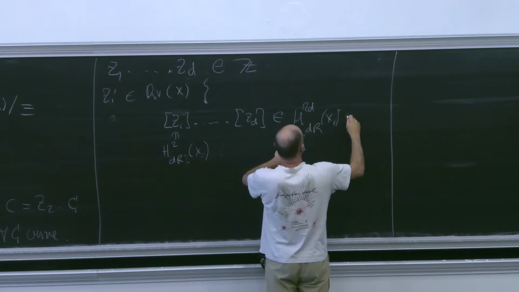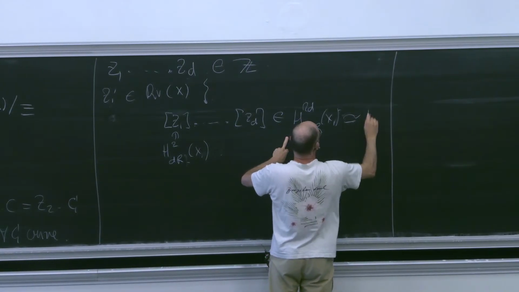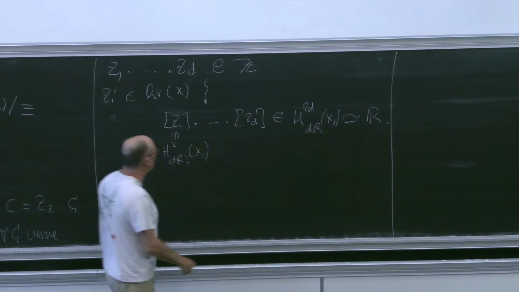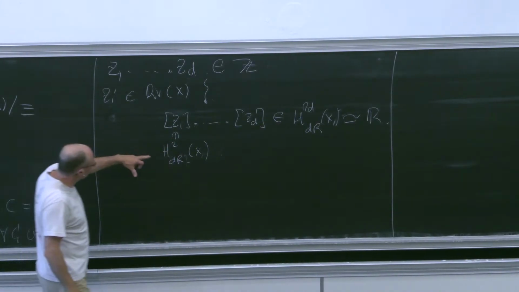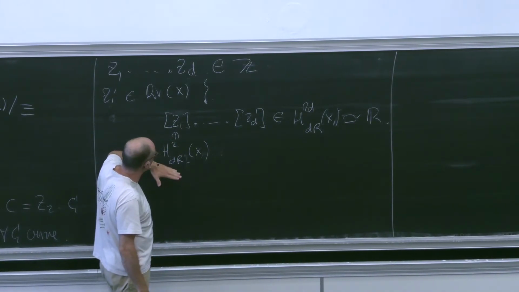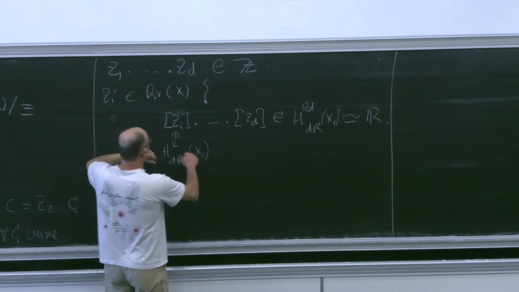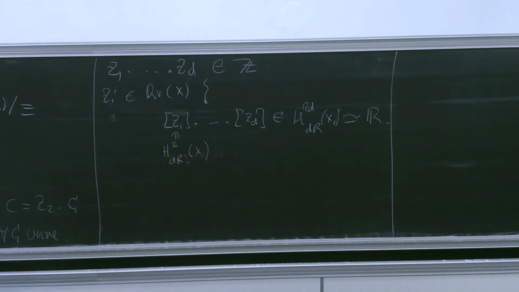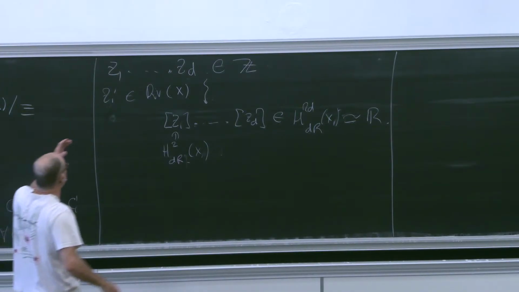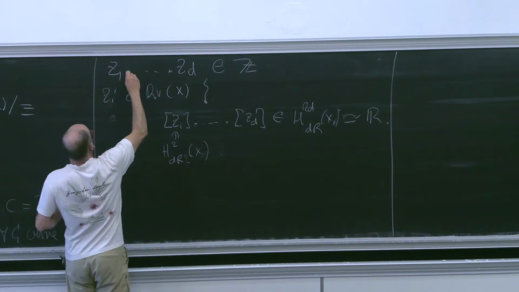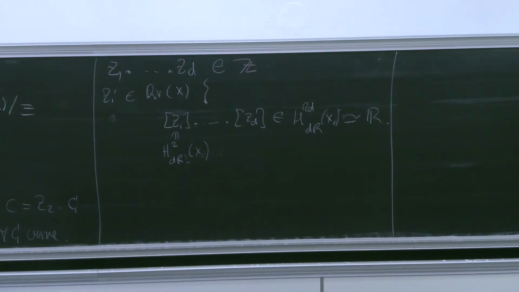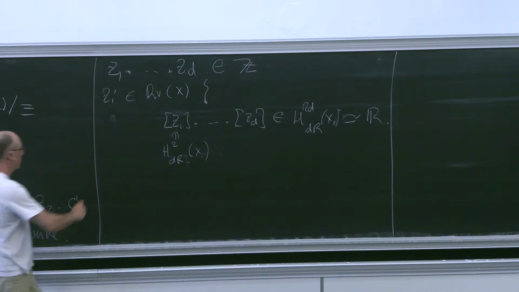In fact, by integration this is canonically isomorphic to R. So when you do this with de Rham cohomology, you get a real number. But in fact, these cycles are defined in integral cohomology, and so you can check that the numbers are integers. And you can also play around by writing divisors as a difference of ample divisors and get back to the definition like this if you want.